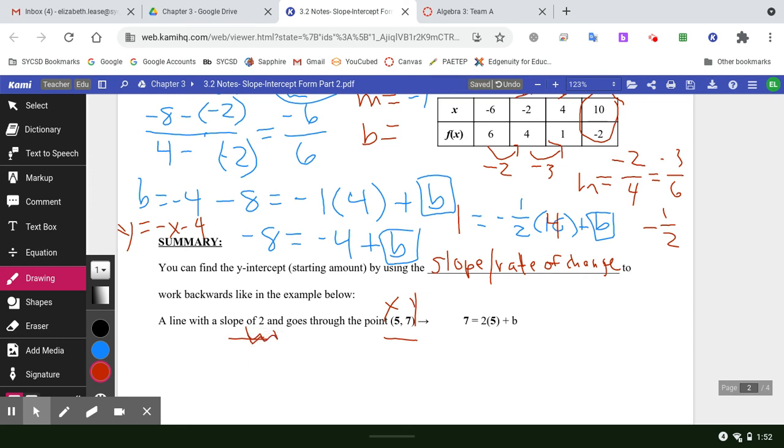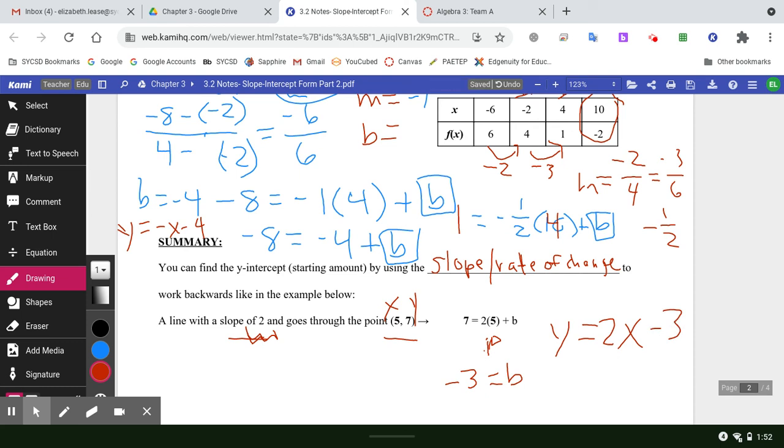So our total change is 2 times 5, which is 10. So subtract 10 from both sides tells us that our starting value is -3. So this equation would actually be y equals 2x minus 3.